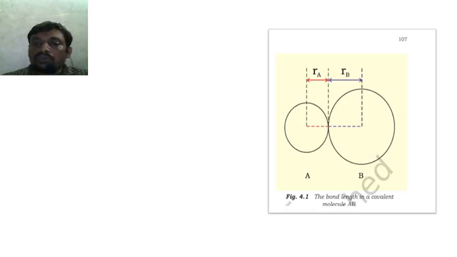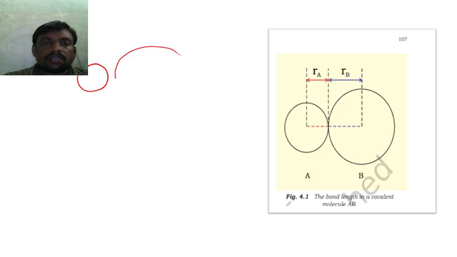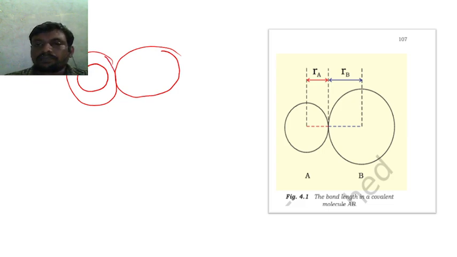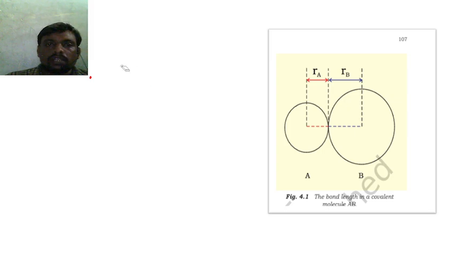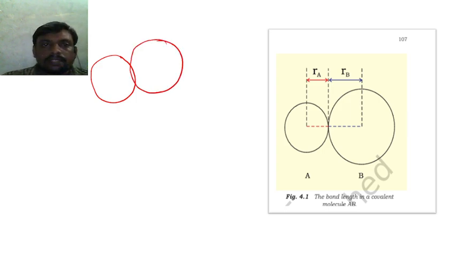If you carefully see bond length in a covalent molecule A and B, imagine this is atom A and this is atom B, and this is the center.